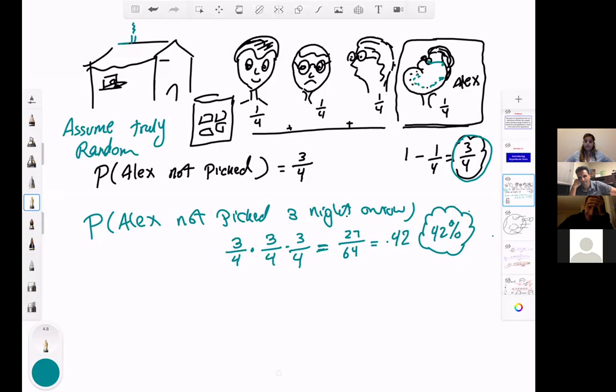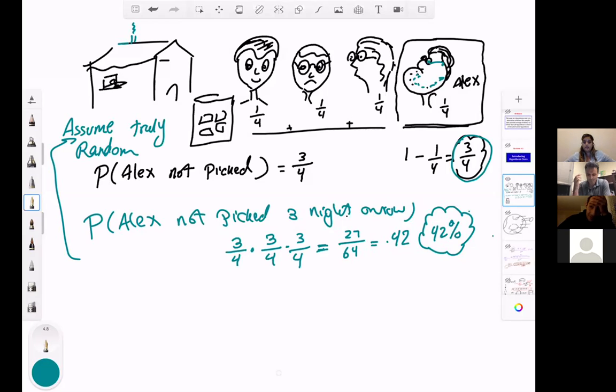You assume you have 4 people in the room. Every night you pick, and 3 nights he didn't get picked. And the probability of that is 42%. Should we question, is this truly random, or is it something fishy? I feel like it's random. Yeah, very good. 42% is okay.